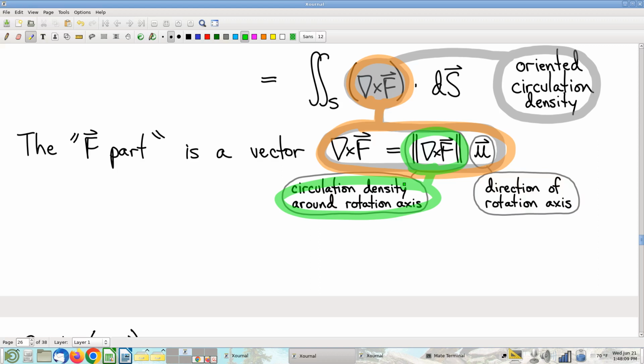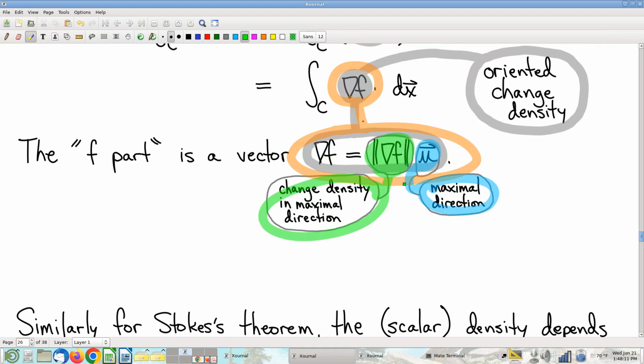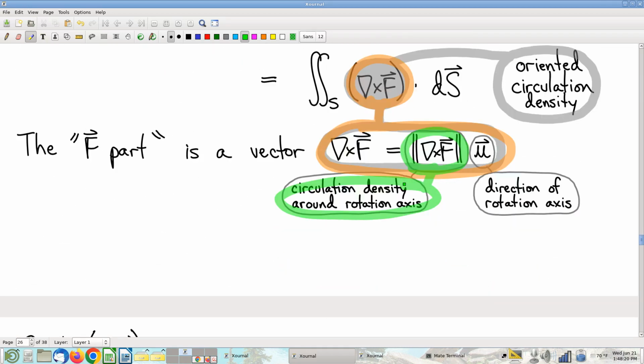In the same way that the magnitude up here tells you how much change is happening per unit distance, how steep the mountain is, likewise, this is telling you how much rotation. And likewise, the direction that it points is telling you around what axis that rotation is happening.